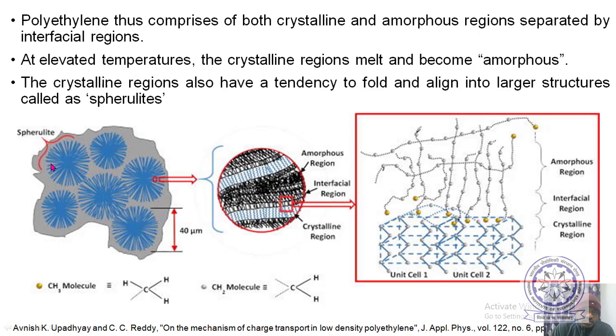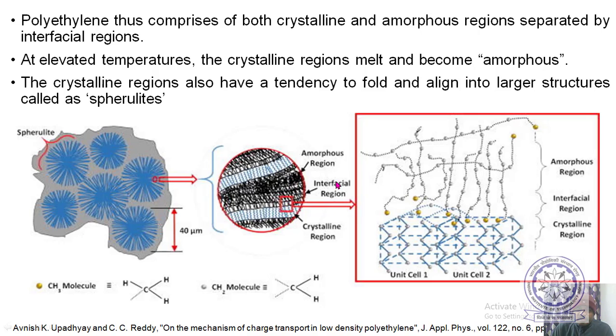So this structure is known as a spherulite. Within this spherulite, say this is a nucleus of spherulite, and these spherules will come out like this. And then a zoomed portion of this small region you can see here. So inside, these lines indicate actually the crystalline structure of chains. These chains are aligned like this, and then amorphous region. Between amorphous and crystalline region, there is interfacial region.